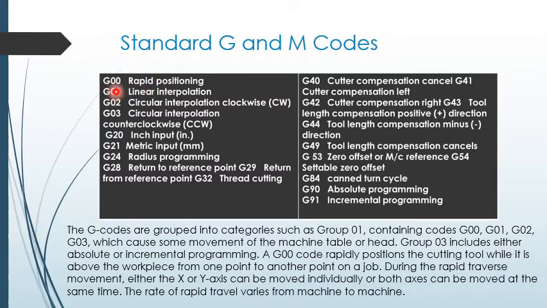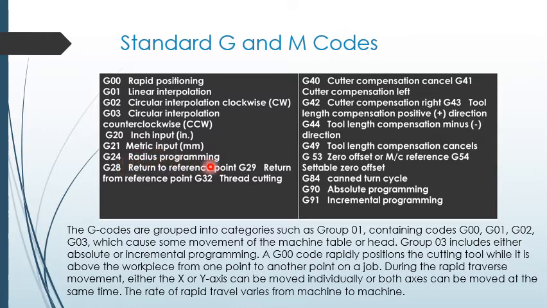G00 represents rapid positioning. G01 represents linear interpolation. G02 represents circular interpolation in the clockwise direction, and G03 represents circular interpolation in the anti-clockwise or counterclockwise direction. G20 represents dimension in inches. G21 represents dimension in metric, millimeters.